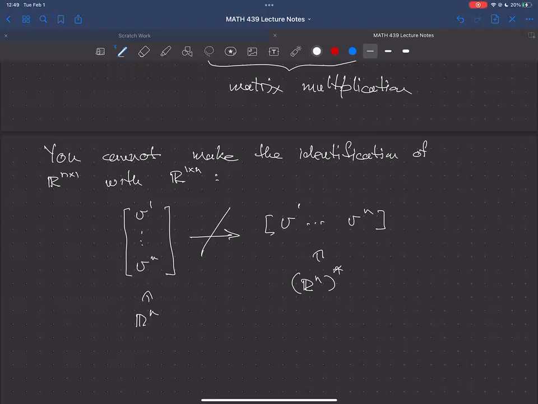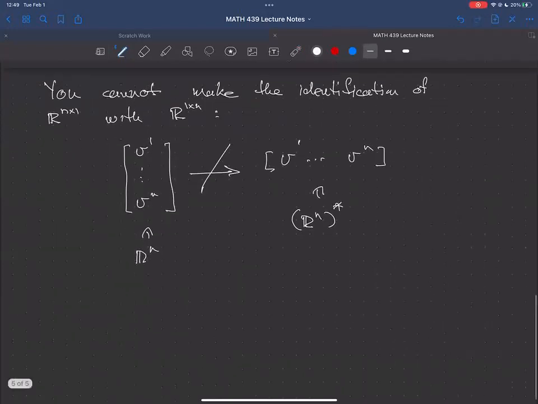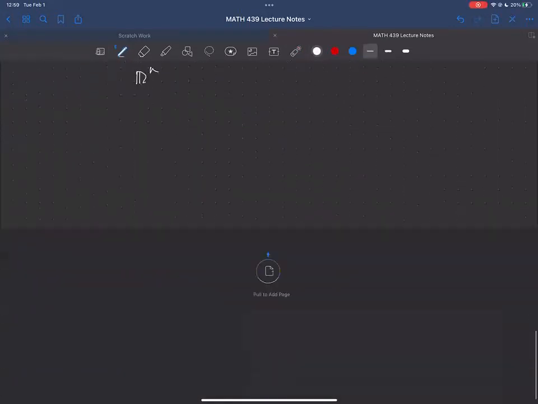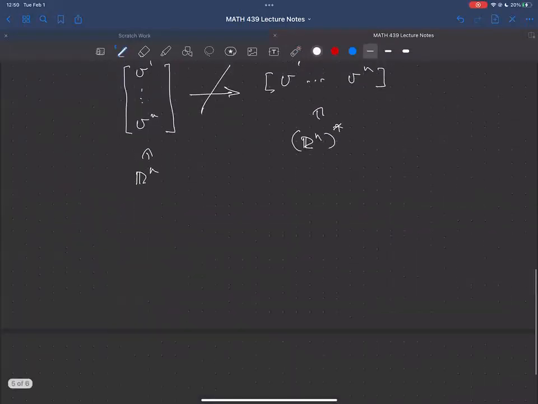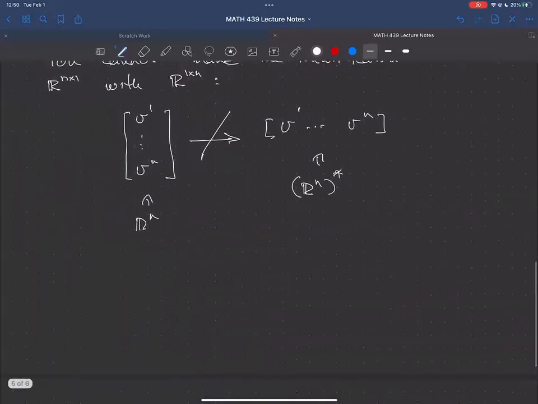So don't be representing vectors in Rn by 1 by n matrices, and don't be representing vectors in the dual of Rn by n by 1 matrices, because that's not valid. You're abusing the representations. And the reason you abuse those representations is very much related to the next thing that we're going to talk about, but in a super complicated way.